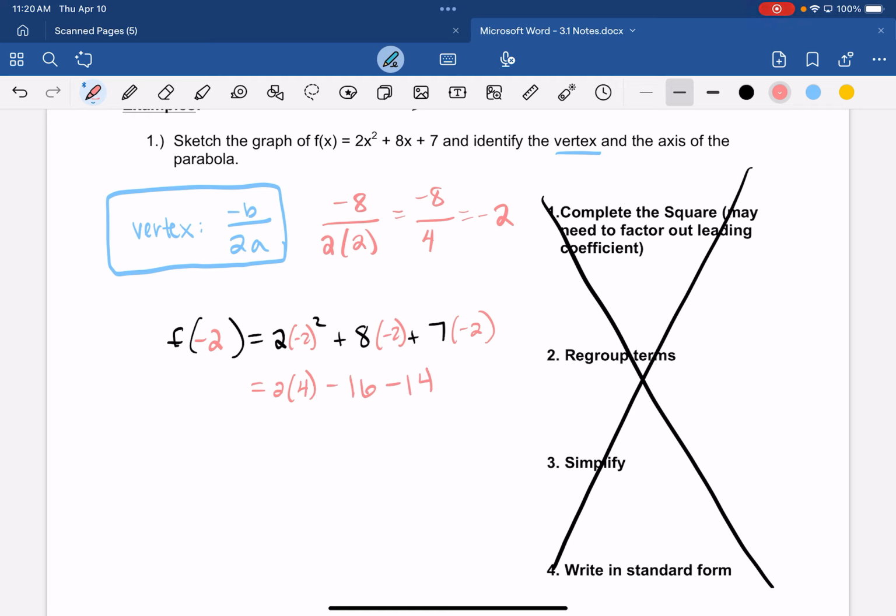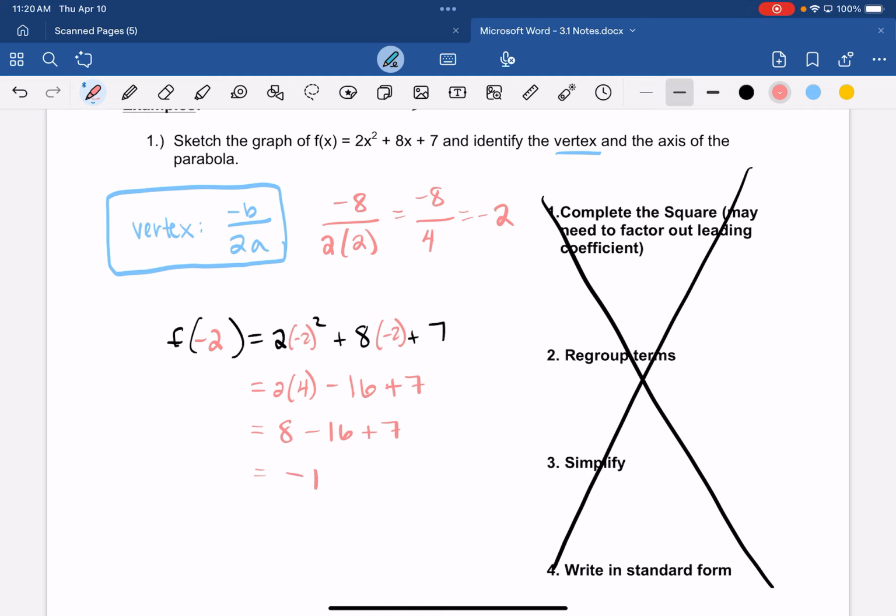Did I write something wrong? Do we need the negative 2 at the side? Oh, no, sorry. Yeah, I don't need the negative 2 there. I'm working too fast. So we should get negative 1.